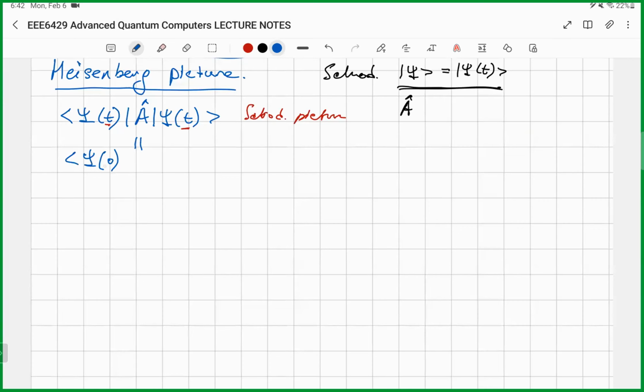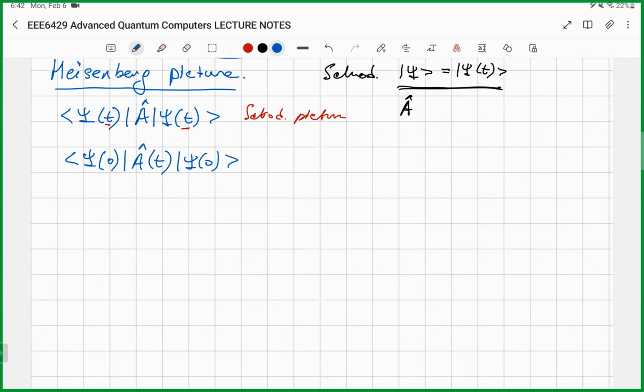We set this time moment to be 0, and then don't follow this time dependence of psi. But instead, we move the time dependence to the operator. Like this.